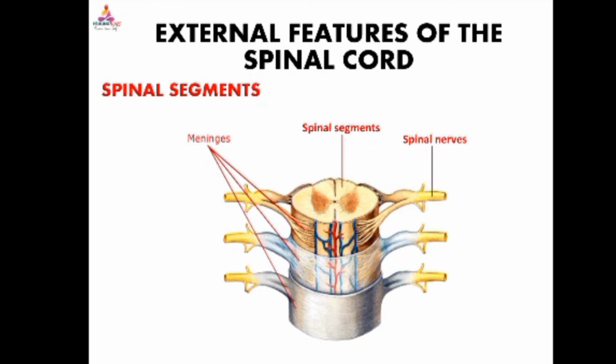The number of spinal segments corresponds to the number of vertebrae in the thoracic, lumbar, and sacral regions, but in the cervical region, one segment is more than the number of vertebrae. In the coccygeal region, there is only one segment for the 4 coccygeal vertebrae.